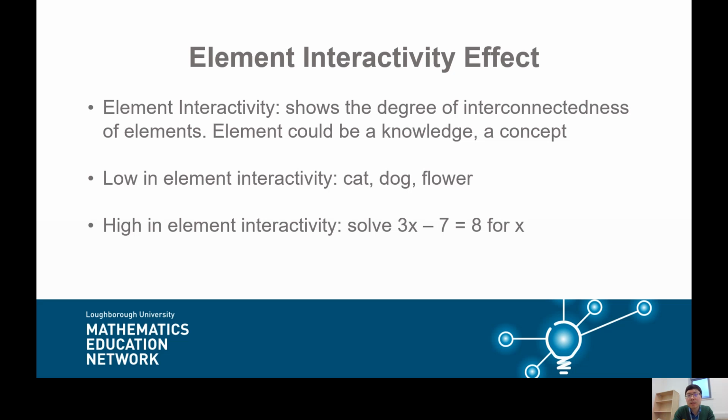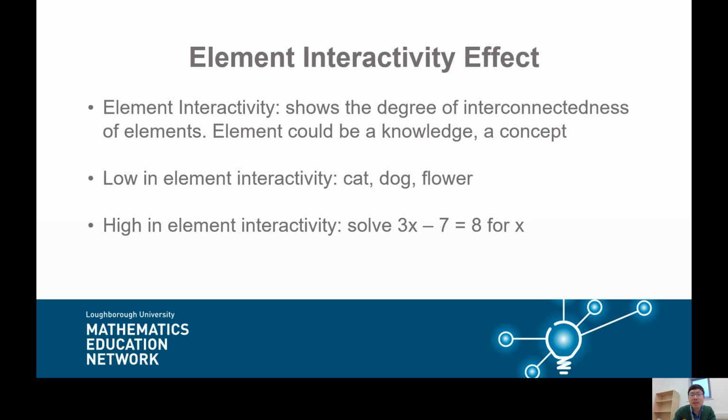If we process the 6 symbols individually and separately, we couldn't understand this math problem. We couldn't know how to solve this equation. So that's why we have to process the 6 math symbols in our working memory simultaneously in order to know how to solve this equation.